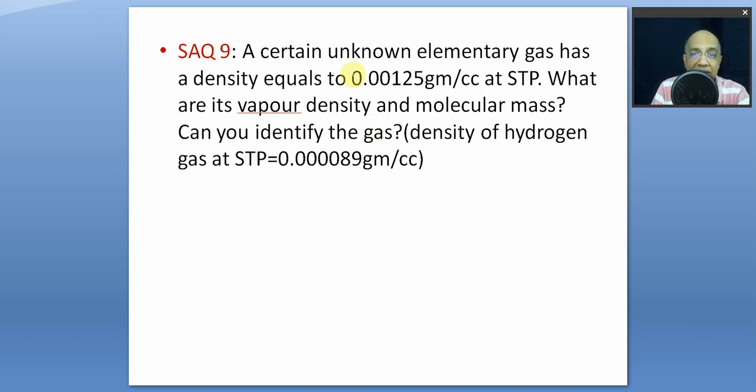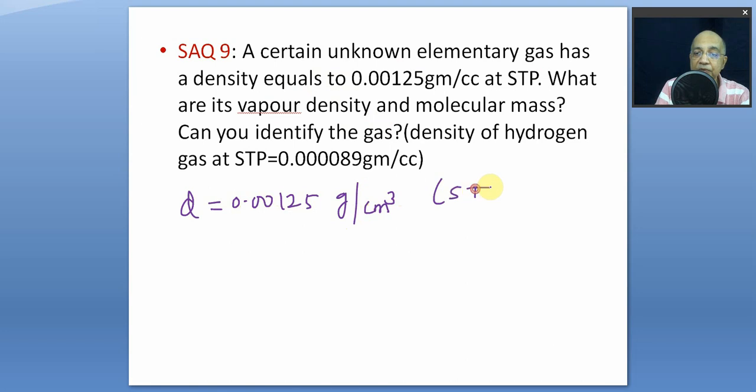Done. A certain unknown elementary gas has a density equal to 0.00125 gram per cm3 at STP. What are its vapor density and molecular mass? And the density of hydrogen is given.